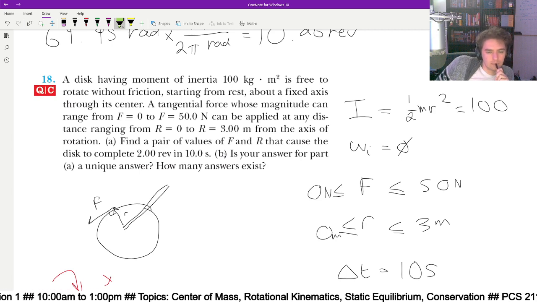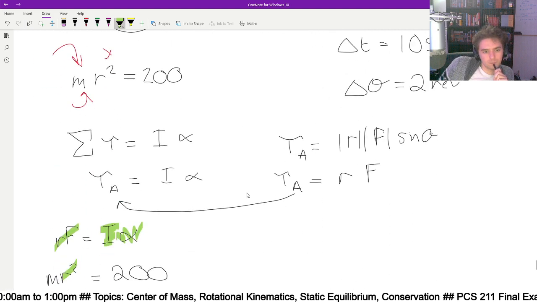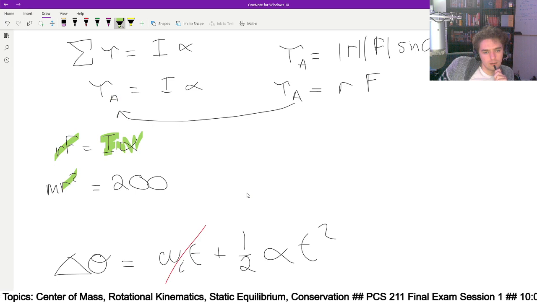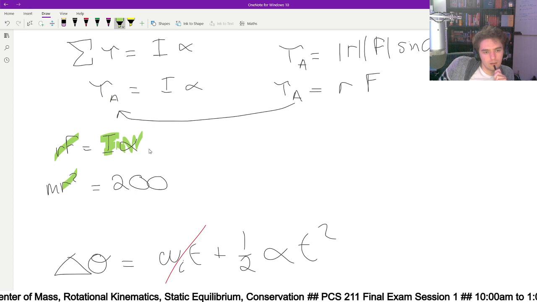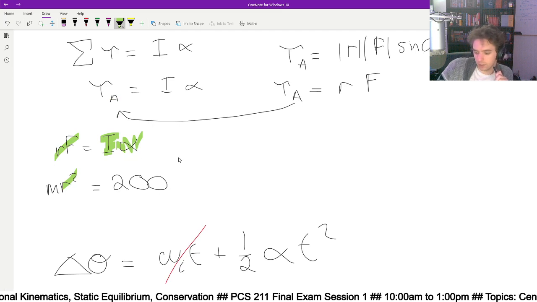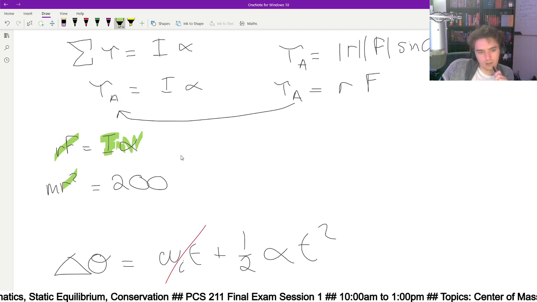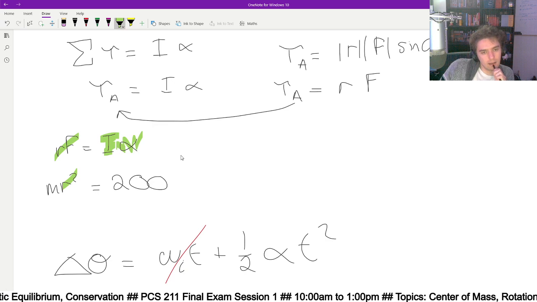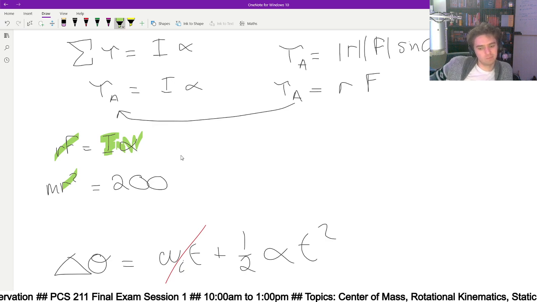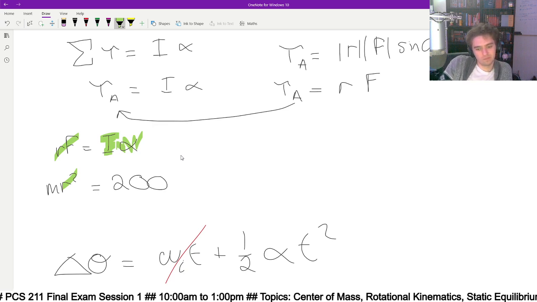Because you'll have I times alpha, which is r theta, and then that's equal to RF. Wait, I times alpha. Oh, I times regular alpha? No. Because alpha is equal to r theta, is it not? Alpha is equal to tangential acceleration divided by r.